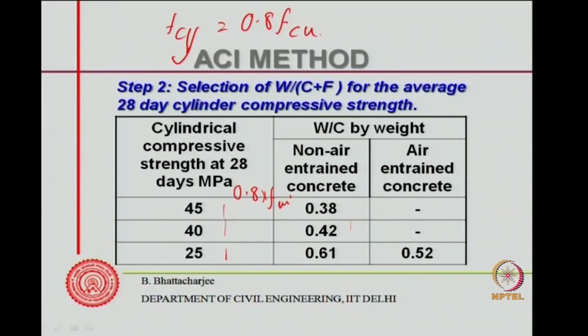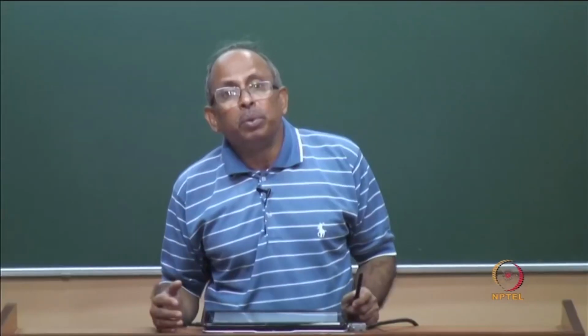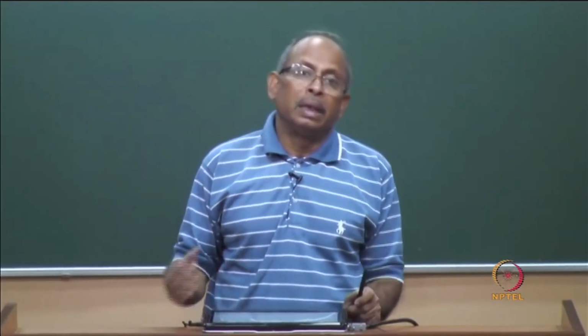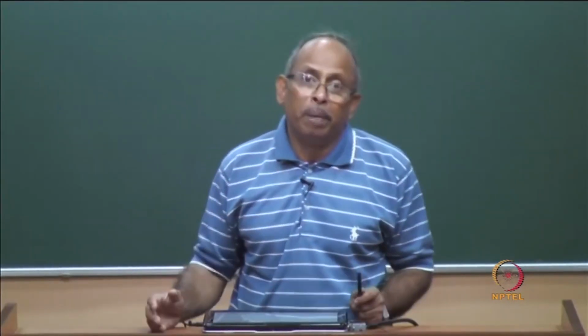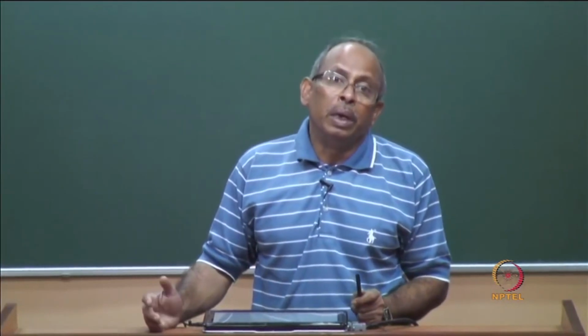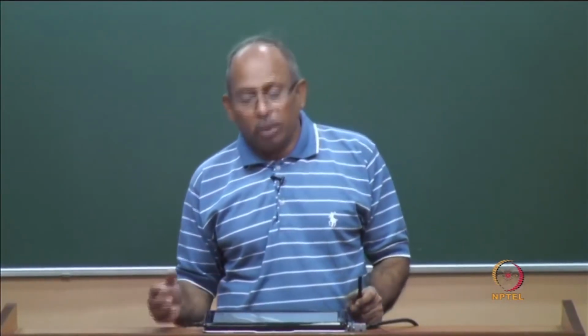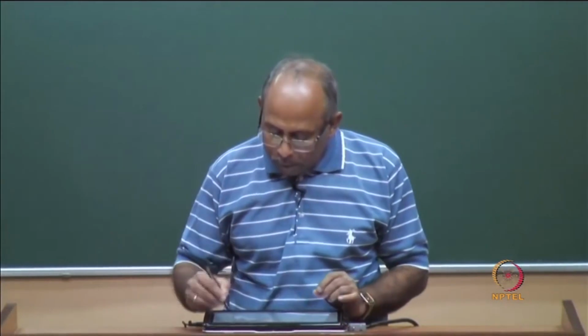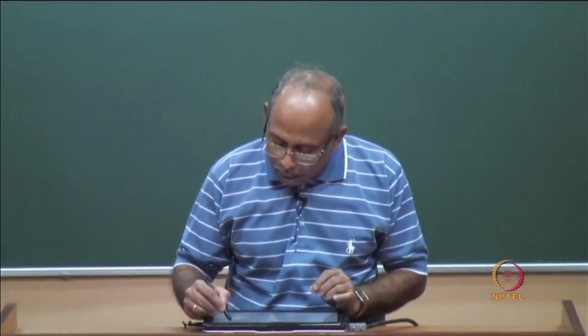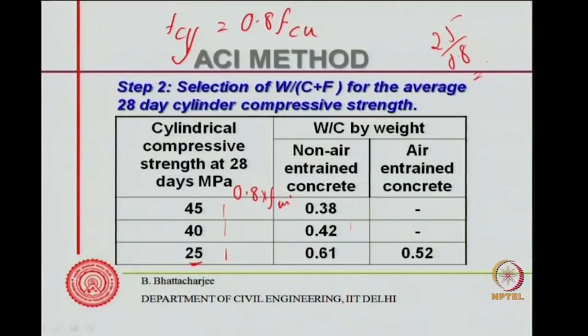So, when you are using this, like in India, where we generally use cubes, if it is an M25 grade of concrete, then cylinder strength will be 25 multiplied by 0.8, which will be actually 20. Or correspondingly 25 divided by 0.8 will be 31.25 or whatever it is.